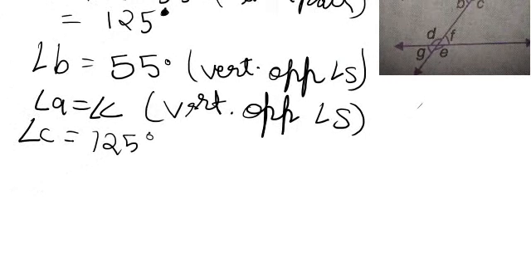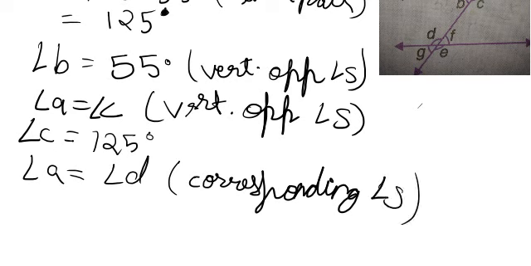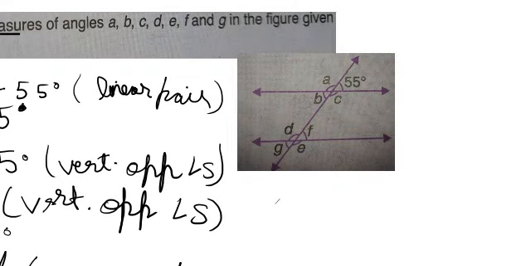So we'll go ahead and write angle A equals to angle D, because they are corresponding angles. And this becomes angle D is equal to 125 degrees. Now when we know D is 125, F will be how much? 55, because it is vertically opposite angles.